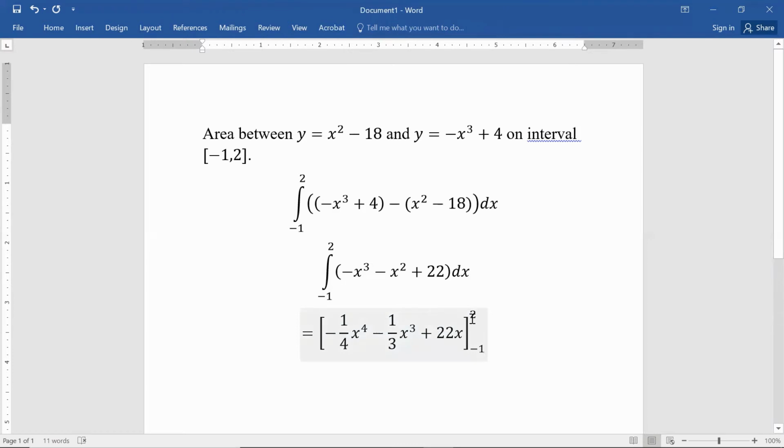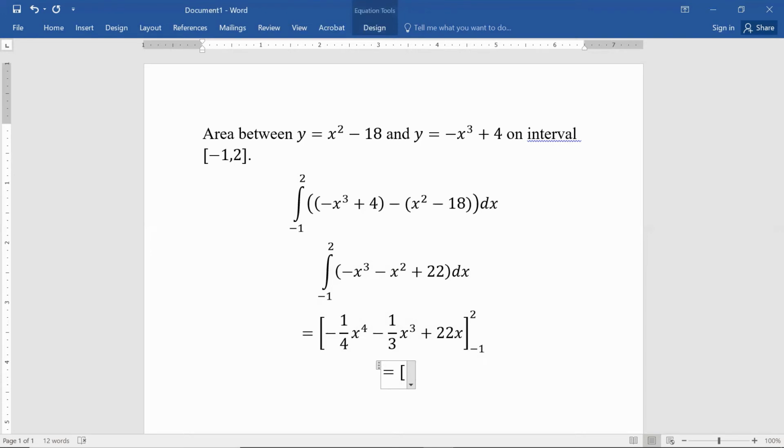We're going to plug in a 2 into this function. Then we'll plug in a -1 into this function, and we will simplify. Let's plug in 2 first.